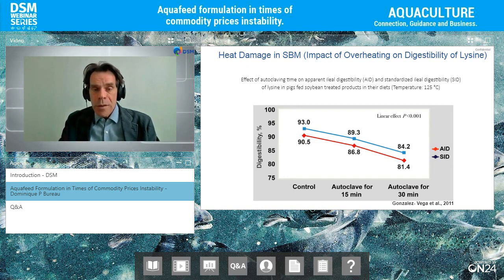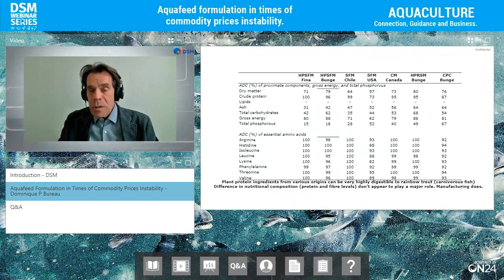Knowing this, we've done a bunch of surveys on the digestibility of plant protein, and overall we find very high digestibility, except for some examples. Sometimes we'll find, for example in this case, a sunflower meal produced in the U.S.